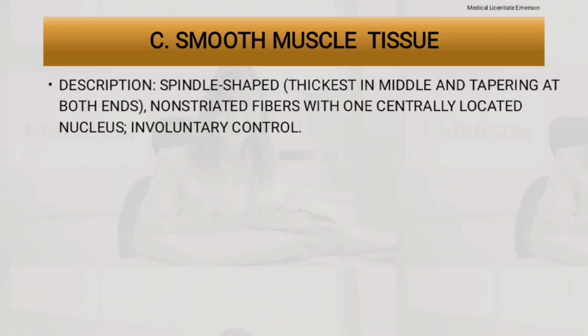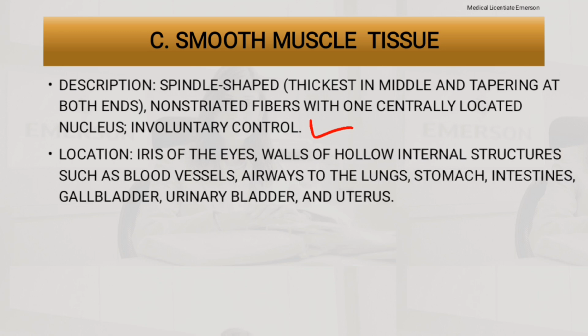Then you have the smooth muscle tissue, whose description, of course, is that the cells are spindle-shaped, thickest in the middle and tapering at both ends. They are non-striated fibers with one centrally located nucleus, and they are also of involuntary control. Then the location: they are found in the iris of the eyes and the walls of internal structures such as blood vessels, airways to the lungs, stomach, intestines, gallbladder, urinary bladder, and the uterus.